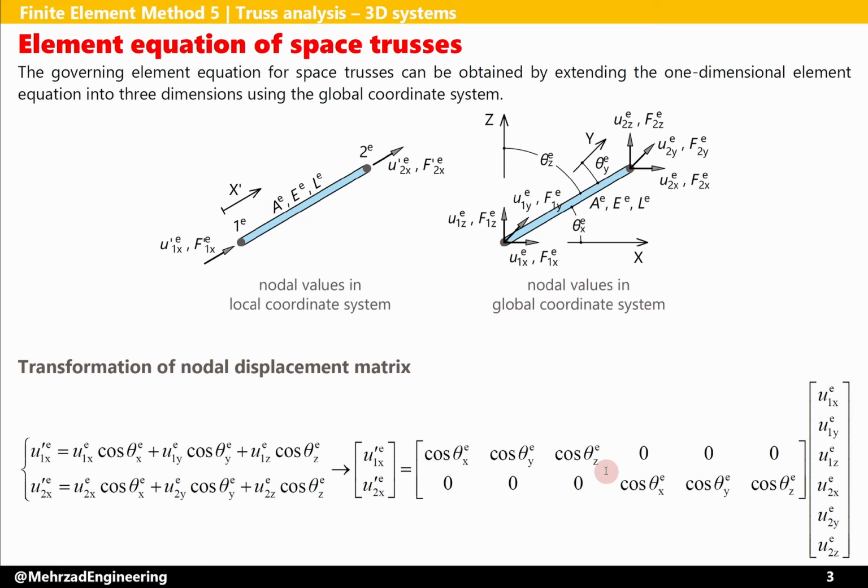We could do the same for the forces, and at the end we could transform the element equation in local coordinate system to the element equation in global coordinate system.